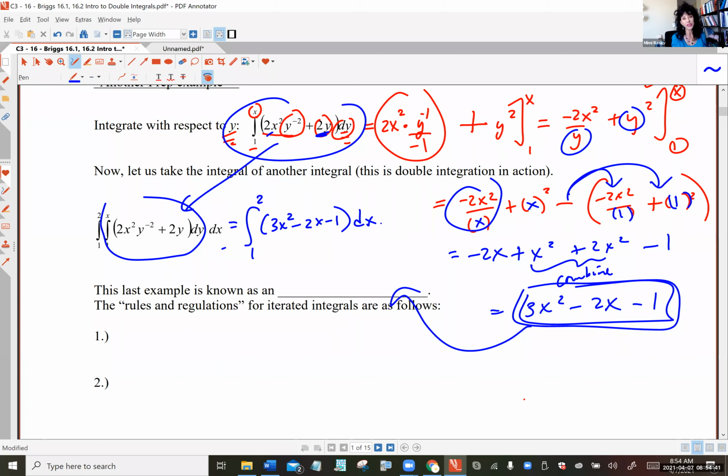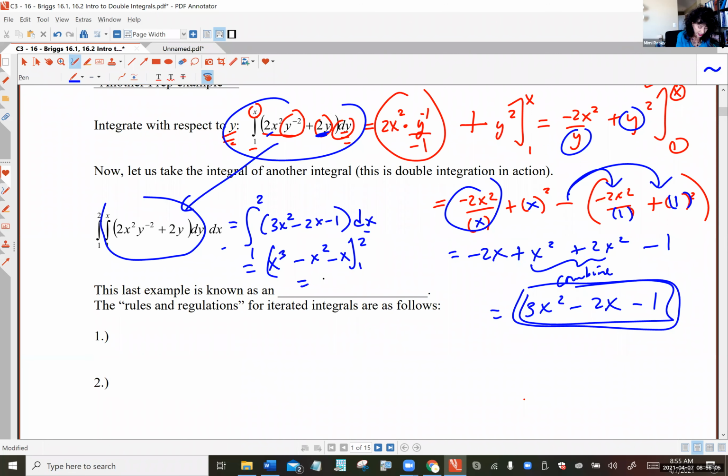And now I hope you can see that this just looks like a calculus 1 problem. You're just integrating this cute little polynomial with respect to x, a definite integral. So if we finish the problem out quickly, the antiderivative will be x cubed minus x squared minus x, and we'll evaluate that between 1 and 2.